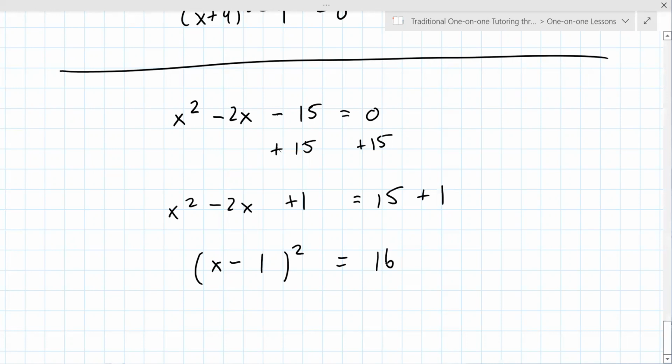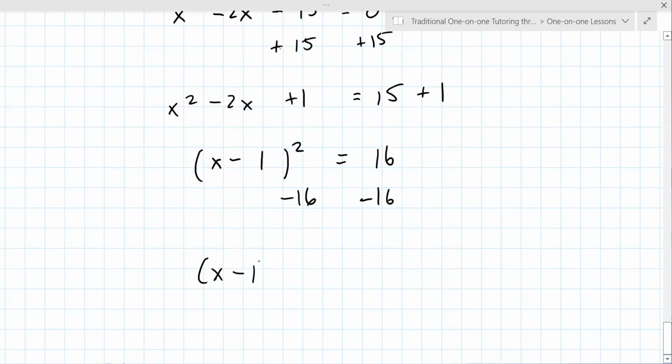Okay, and is there anything else left to do? You have to move the 16 over. How do you move it over? You subtract 16 from both sides. Okay, so that's x minus 1 squared minus 16. And this is when you're done.